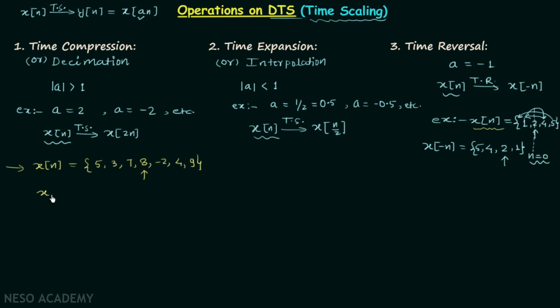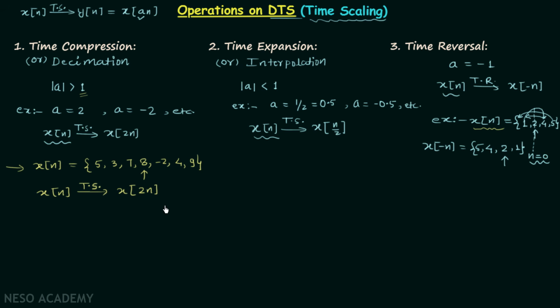And we will perform the time scaling operation, which is the case of time compression, because the signal we are getting after performing the time scaling is x[2n]. So you can see that we have 2 in place of a, and therefore mod of a, or mod of 2, will be greater than 1.